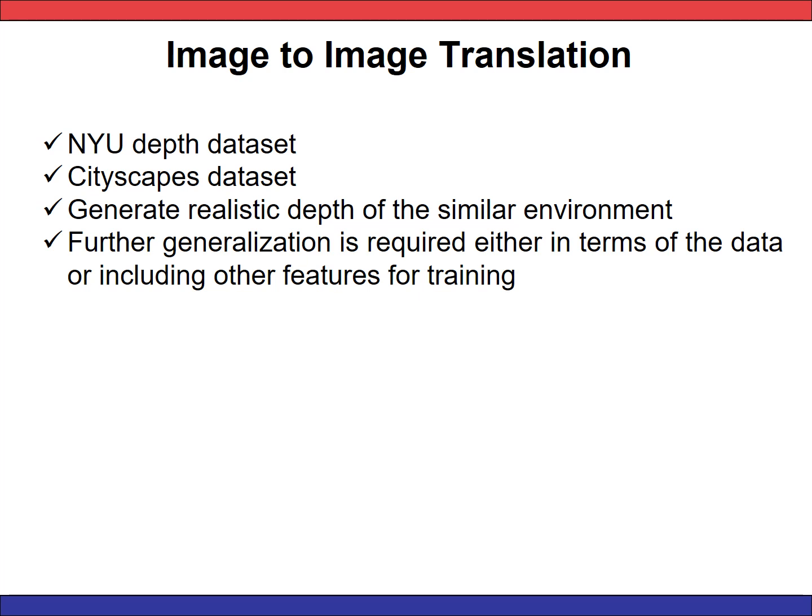There are two possible ways to improve this architecture: either increase the data so that it can see multiple scenarios, or include other features such as illumination and environmental conditions. There may be many possible conditions we can include in this architecture to further improve this work. So this was all about the different image to image translation architectures that I have developed in my research work.